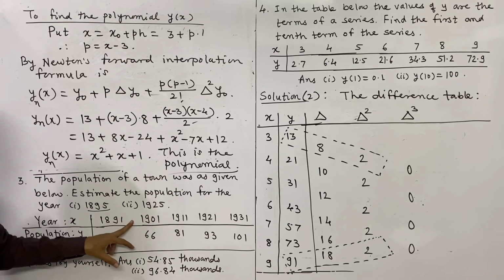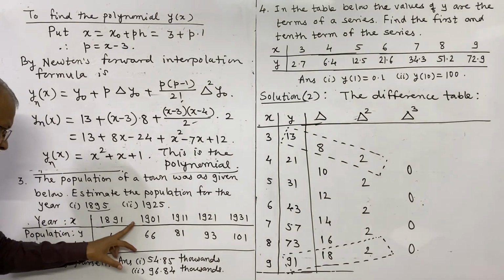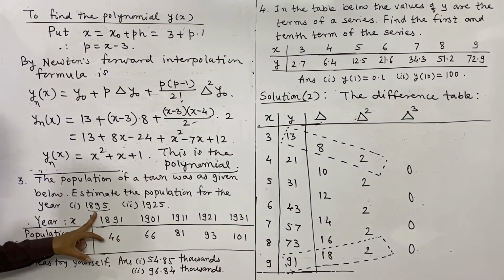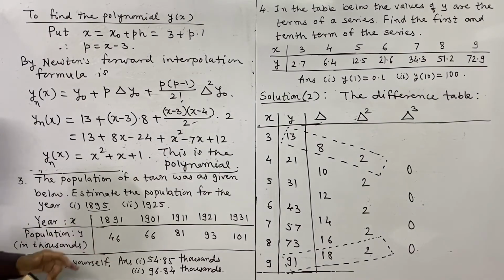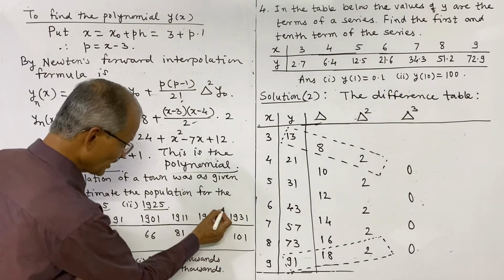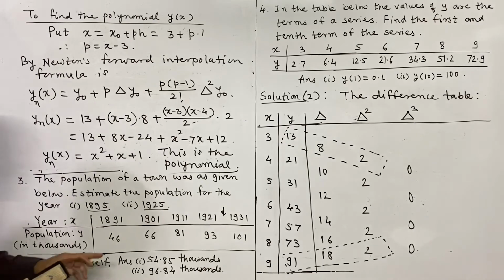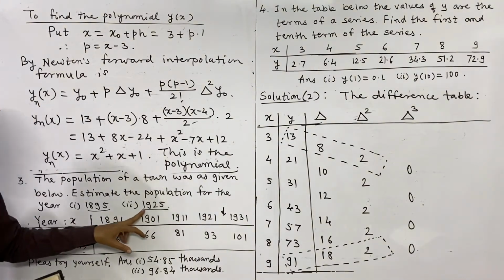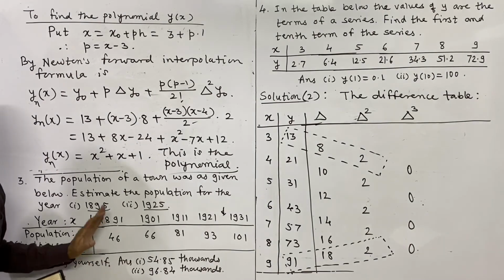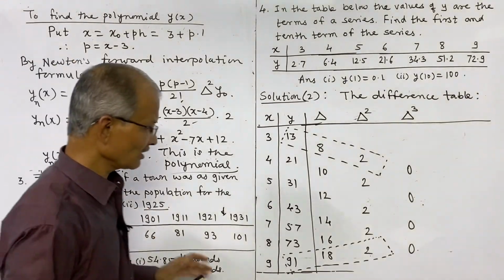Here it is interpolation. It will lie between these two values, and use the forward difference interpolation formula. And this value 1925 will lie in between, and for that use Newton's backward interpolation formula, and these will be the answers. So you check the answers by solving the problem.